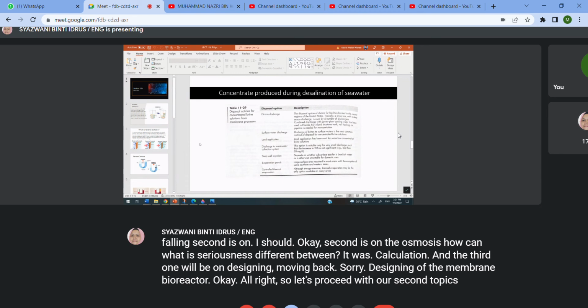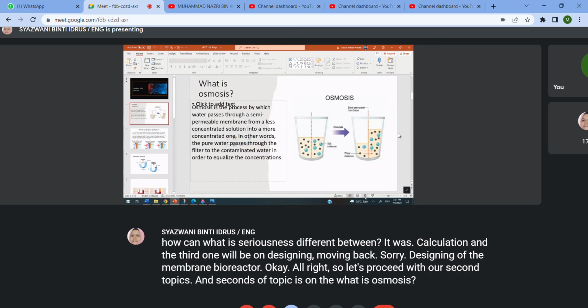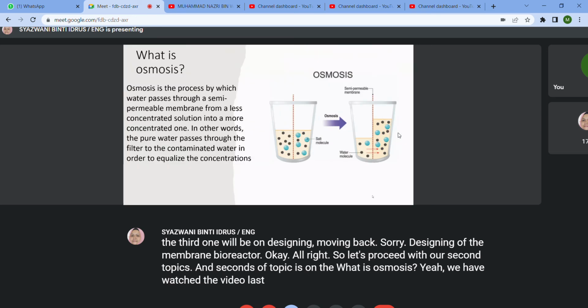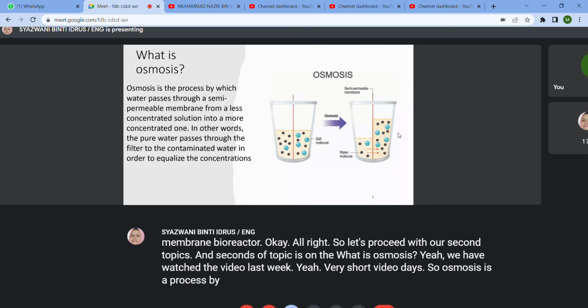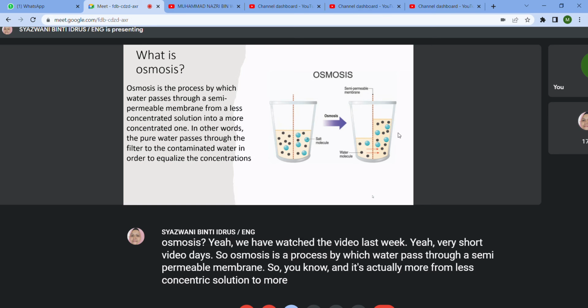The second subtopic is on what is osmosis. We watched a very short video last week to explain osmosis. Osmosis is a process by which water passes through a semi-permeable membrane, and it actually moves from a less concentrated solution to a more concentrated solution.